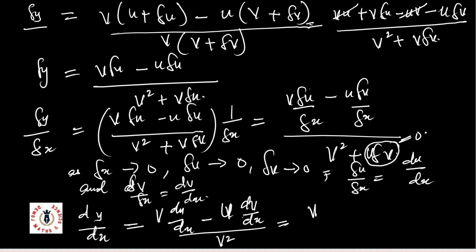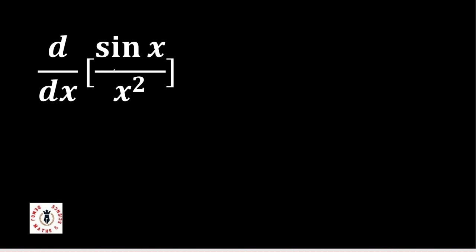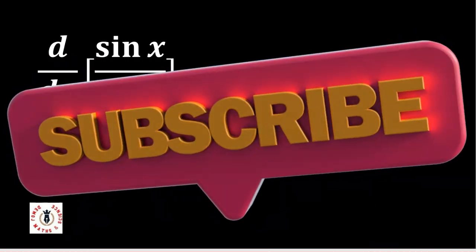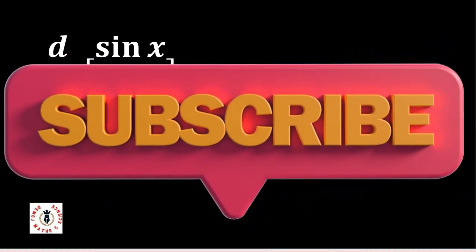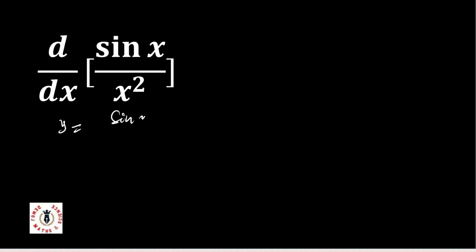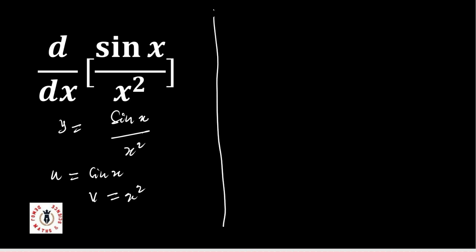Let's take an example: y equals sine x over x squared. So that u here will be equal to sine x and v will be equal to x squared.